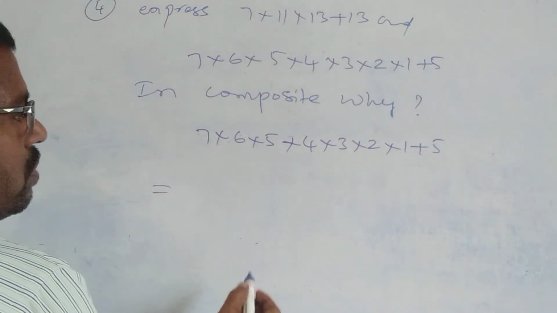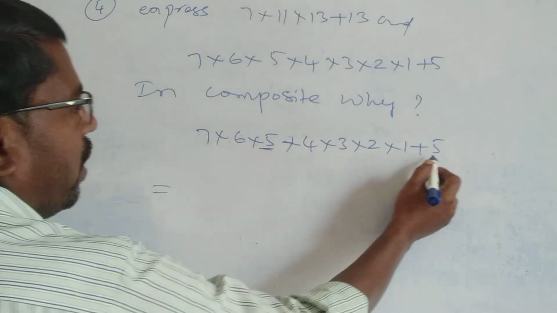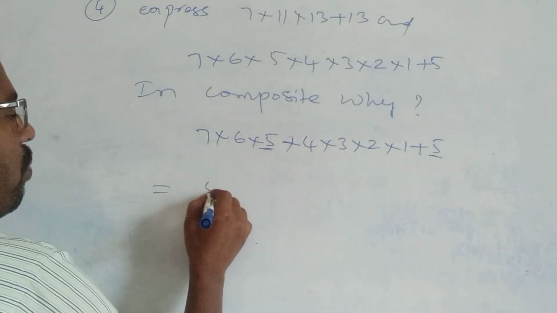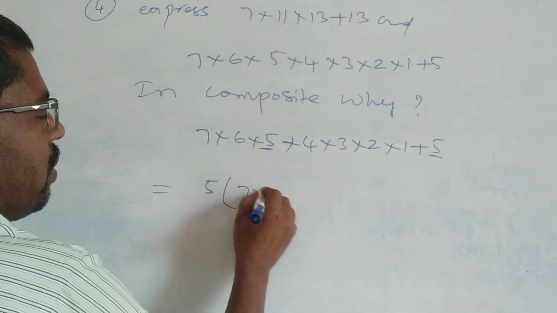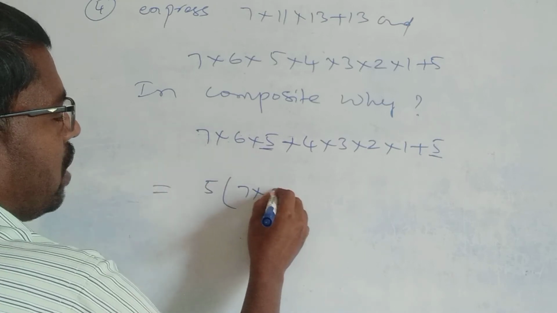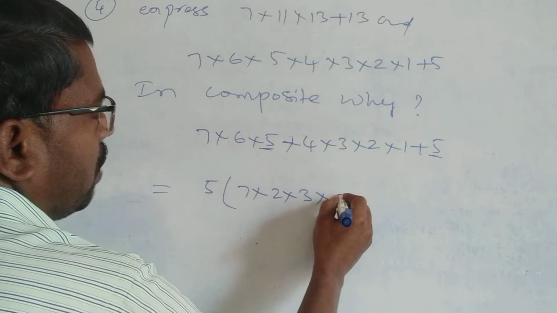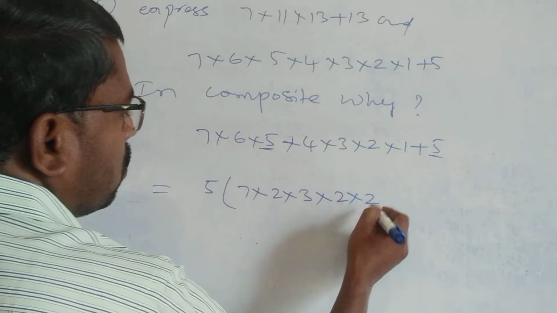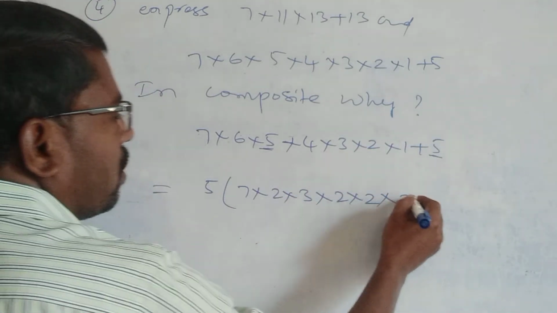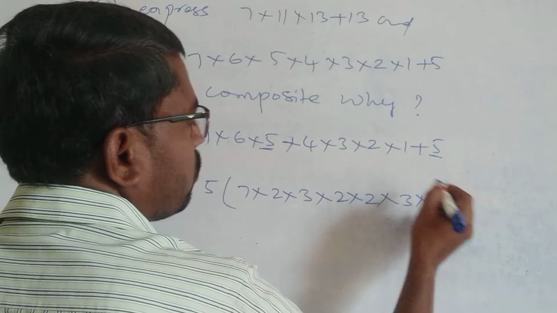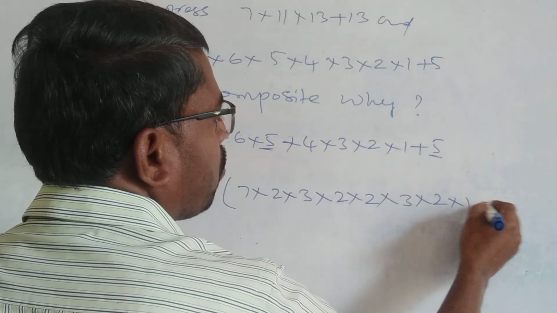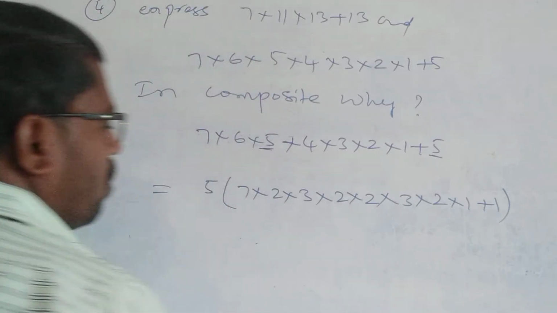Which one is common in all this? 5 and 5. 5 we can take common. 7 into, the 6 can be written as 2 into 3, 4 can be written as 2 into 2, 3 as it is, 2 as it is, into 1 plus 1. 5 we can take common.